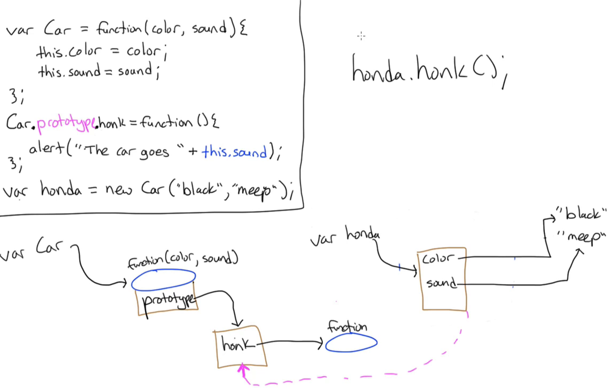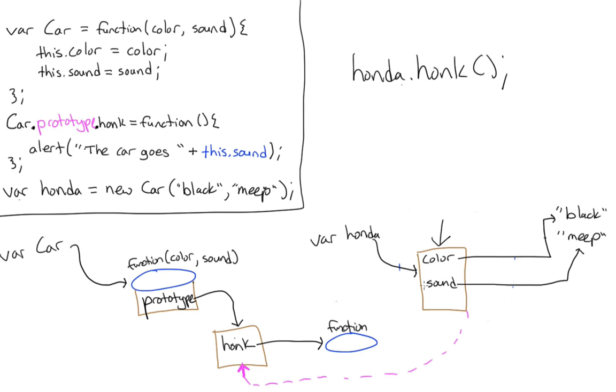As usual, JavaScript reads from left to right. So when JavaScript sees Honda, it's going to look for the variable Honda, follow it, and discover that this object is the value of Honda. But here's where it changes. .honk means to look for a property called honk. However, there is no property called honk for this object.